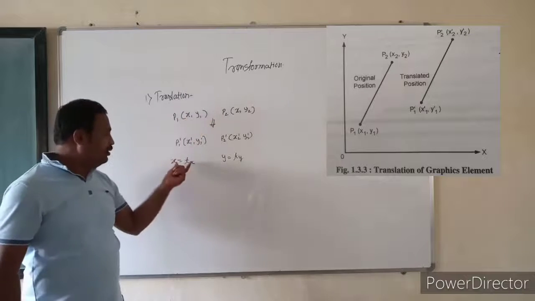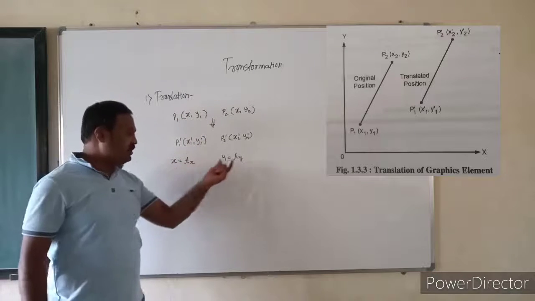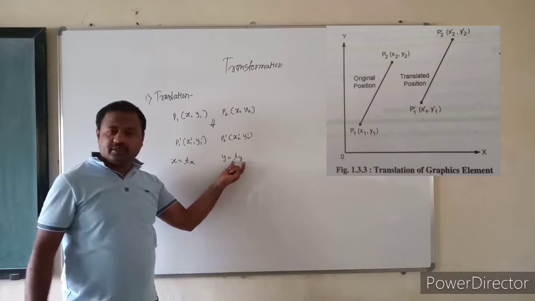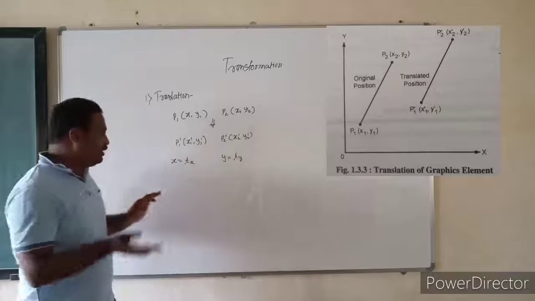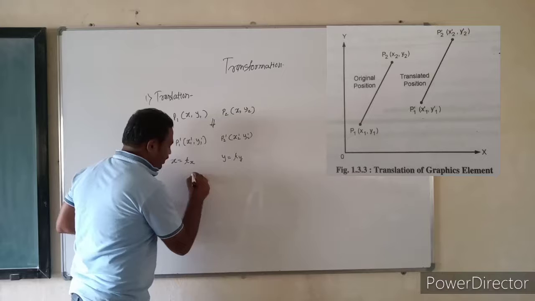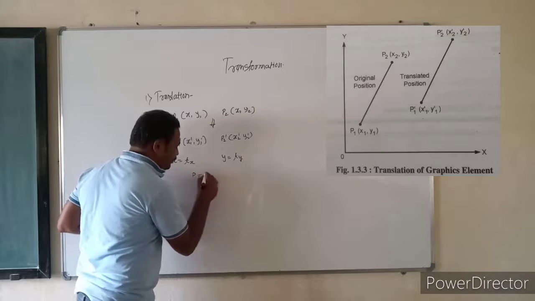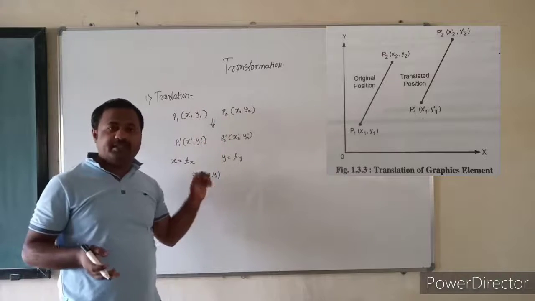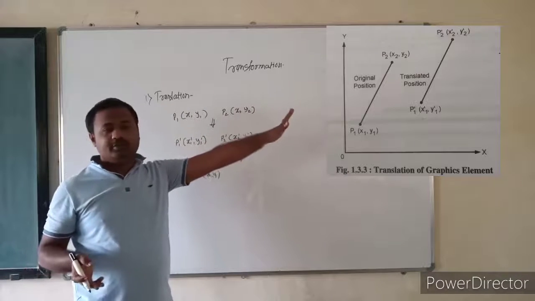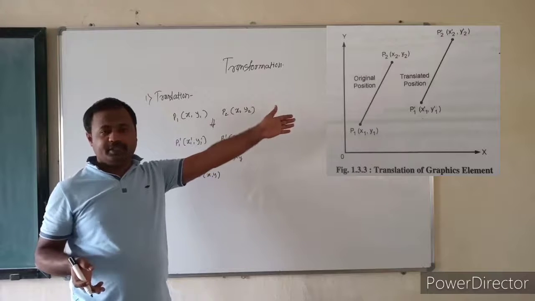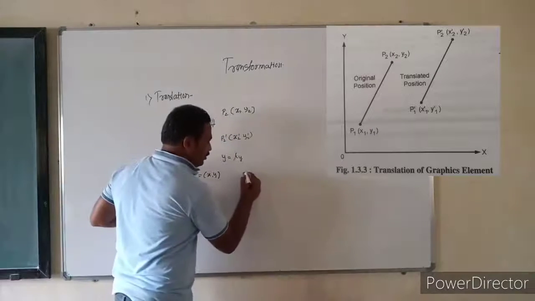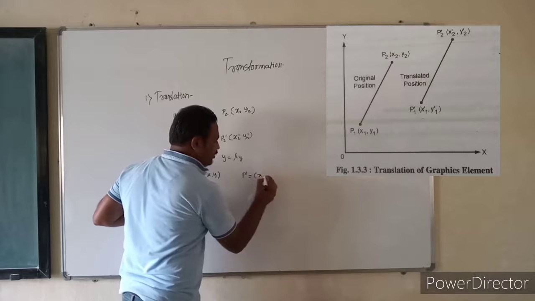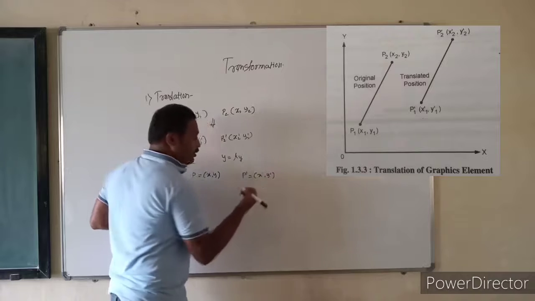If we consider the 2D matrix, point P, x and y, is translated to new coordinates, so P dash is x dash, y dash.